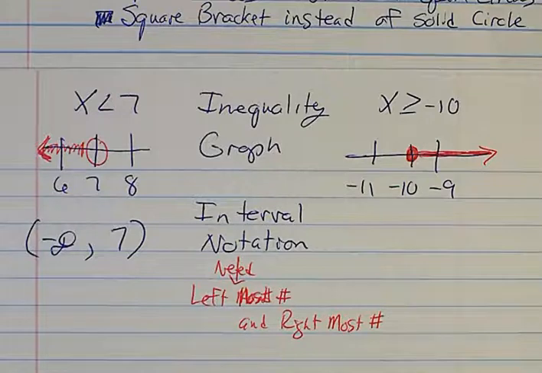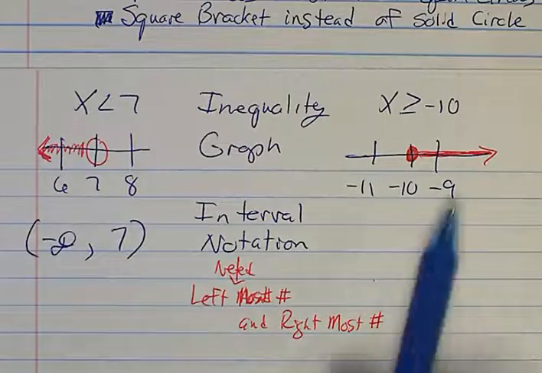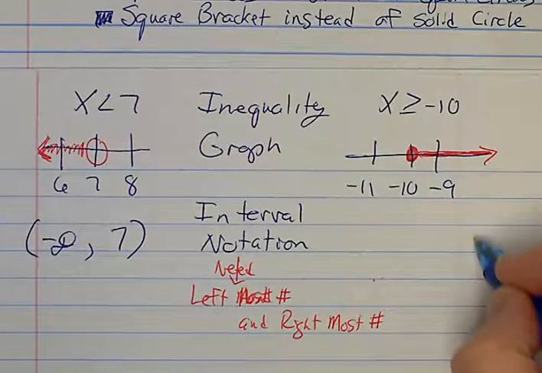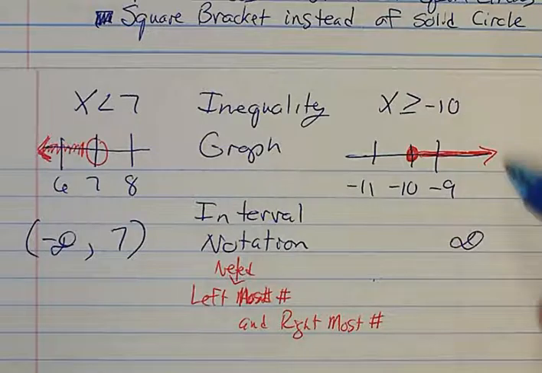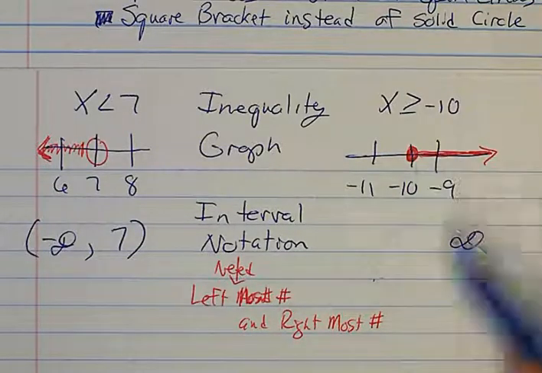Again, you're telling me 2 numbers. What's the leftmost number I can use and what's the rightmost number I can use? Well, it goes forever to the right, so that's infinity. And going to the left, you're going to stop for sure at negative 10.